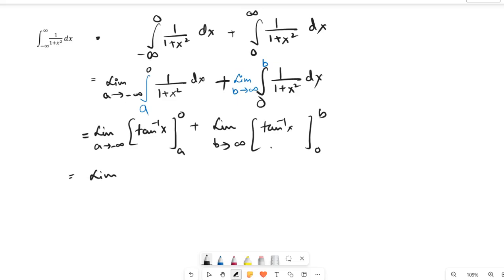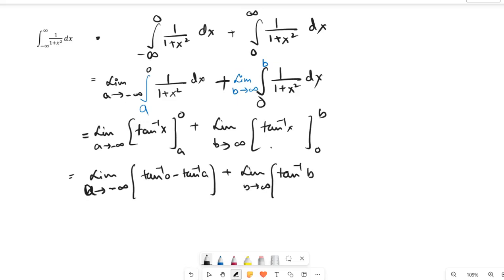We put the limits here. Tangent inverse 0 minus tangent inverse a, plus limit b approaches infinity, tangent inverse b minus tangent inverse 0. Okay, let's notice what all this is.